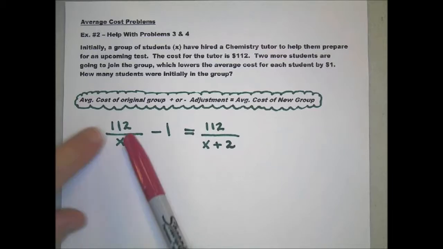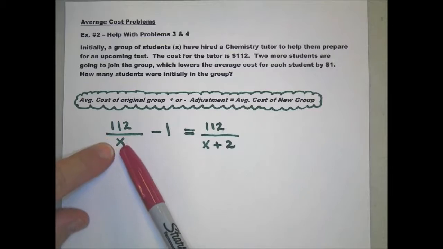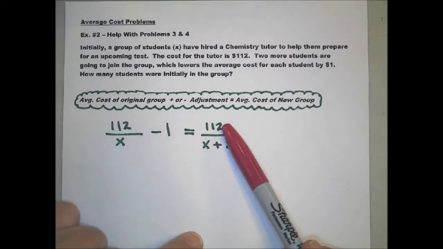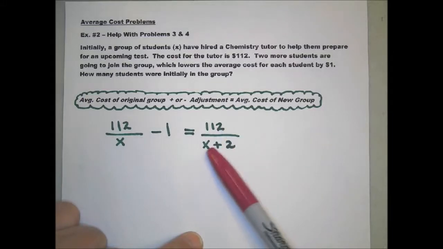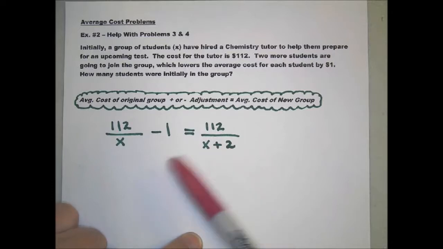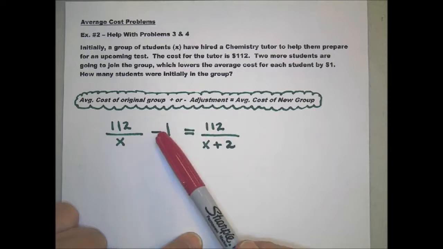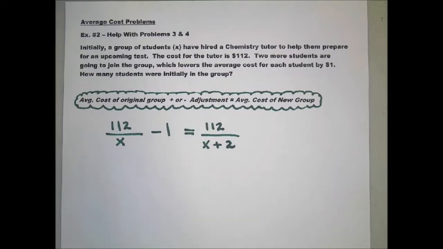The original group, $112 divided by the number of students who were in the original group. The new group, $112, but there are 2 more students in the group than before. And what did that do? That lowered the cost for each student by $1.